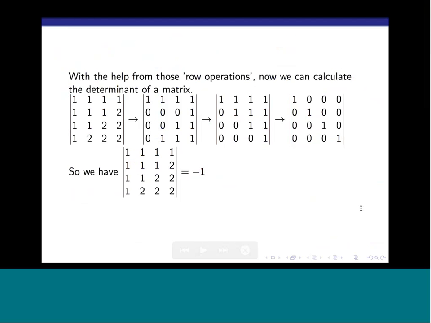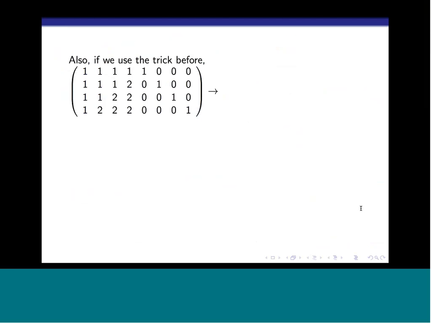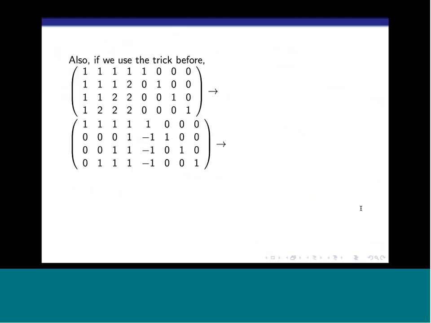Okay, let's see the example here. We want to calculate the inverse of 1 1 1 1, 1 1 1 2, 1 1 2 2, 1 2 2 2. We do the same thing as before. We add the first row multiplied by -1 to the second, the third, and the last. Then we get this change, right?